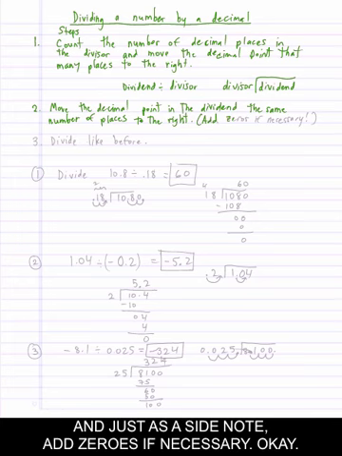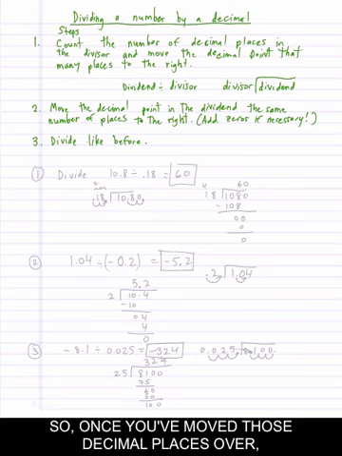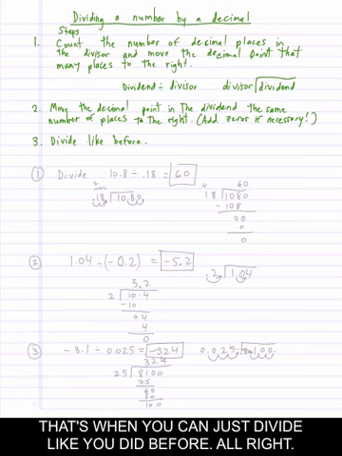And just as a side note, add zeros if necessary. Okay. Finally, step 3, divide like before. So once you've moved those decimal places over, that's when you can just divide like you did before.